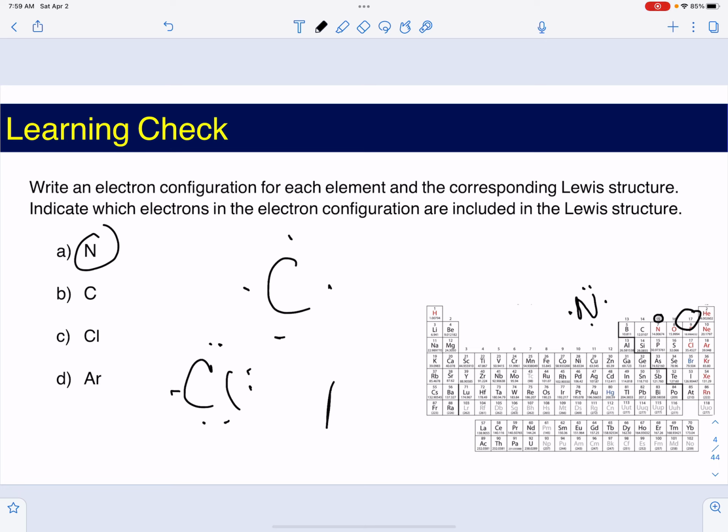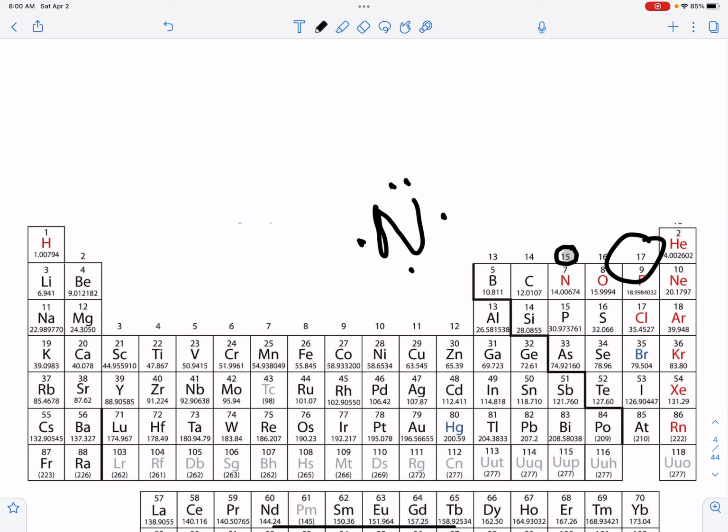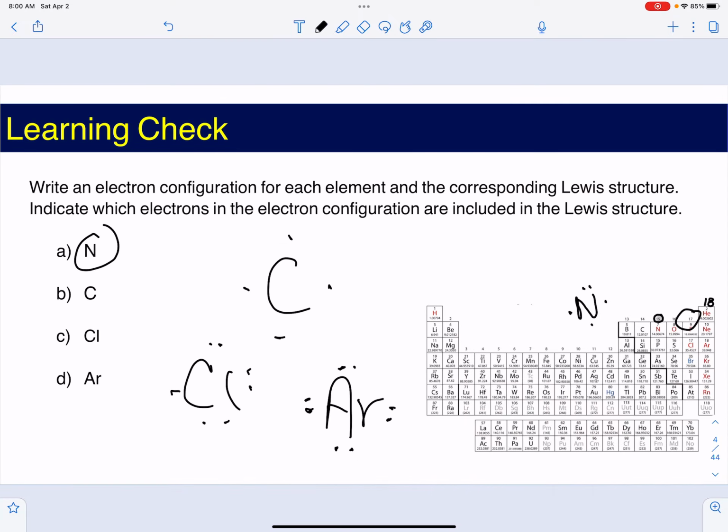And argon, group 18, which is going to mean 1, 2, 3, 4, 5, 6, 7, 8. And that's an easier way. That's an easier way to do the Lewis structure just by looking at the valence electrons.